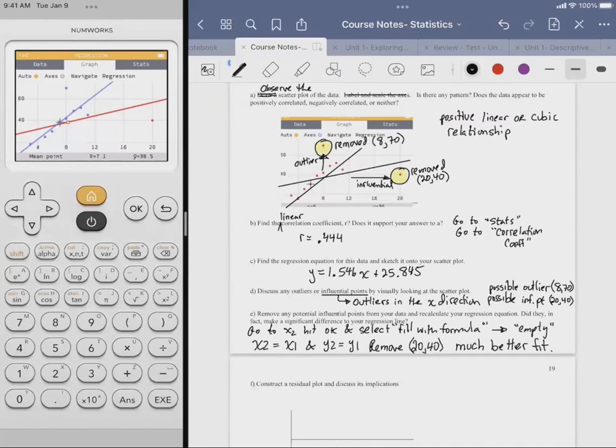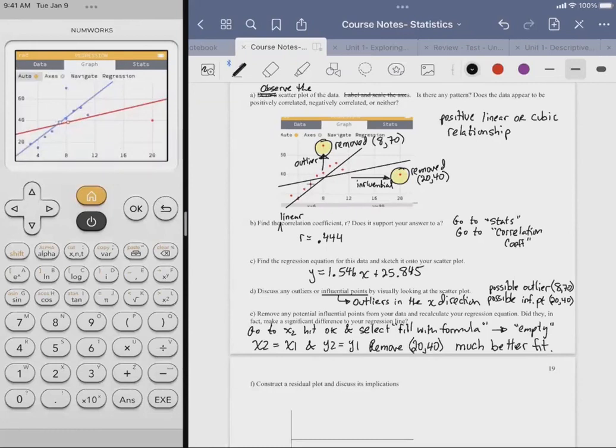So that in and of itself is worthwhile because you're looking at, just appearance wise, a line that better fits the data. But maybe you don't believe it because we know what the R value was for the original line. Now what I can do is go back into regression and look at my R squared value. But again, if I want to look at the R, I got to go into stats. But you could do a comparison of R squared values also.